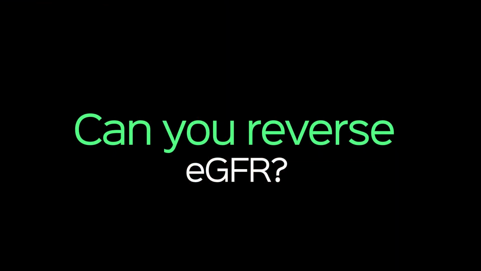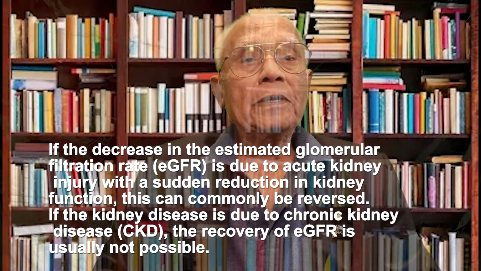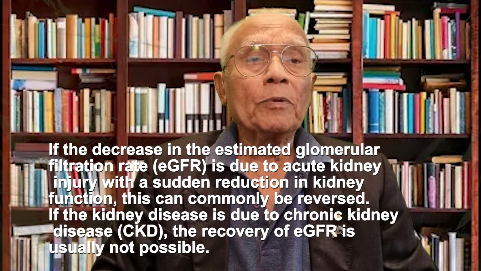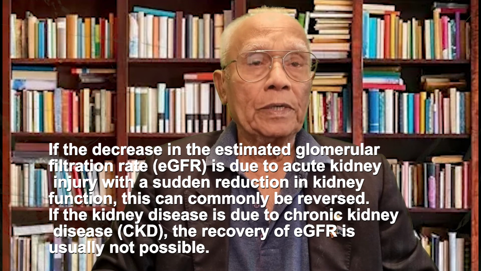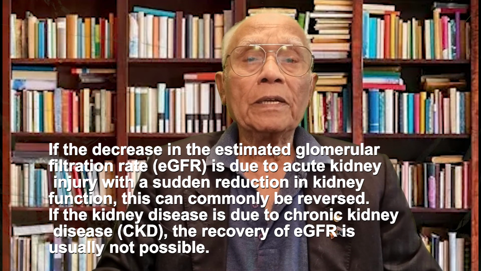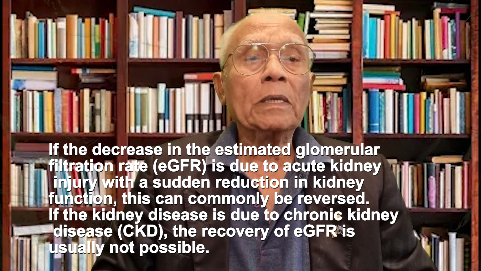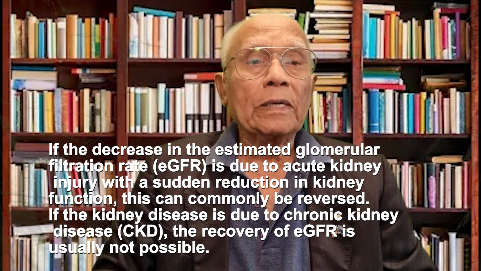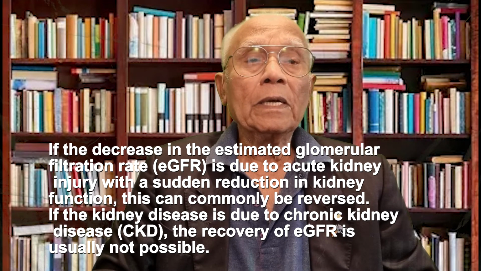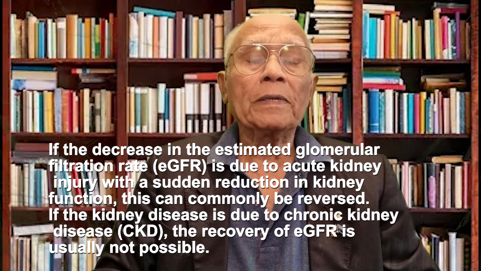Can you reverse eGFR? If the decrease in the estimated glomerular filtration rate, or eGFR, is due to acute kidney injury with a sudden reduction in kidney function, this can commonly be reversed. If the disease is due to chronic kidney disease, or CKD, the recovery of eGFR is usually not possible.